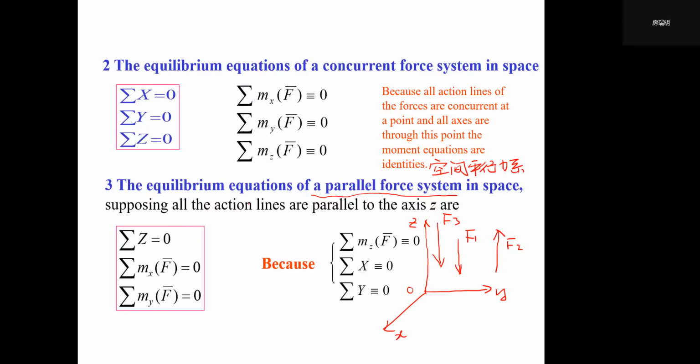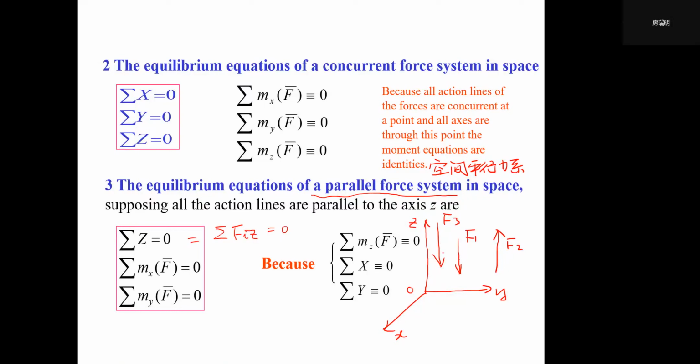So its equilibrium equations will only be these 3. The first one is sigma Fz equals 0. Actually, this one equals the sum of all Fiz equals 0. We can predict this because each force is parallel to the z-axis, but some are along the positive direction of z and some along the negative direction of z.